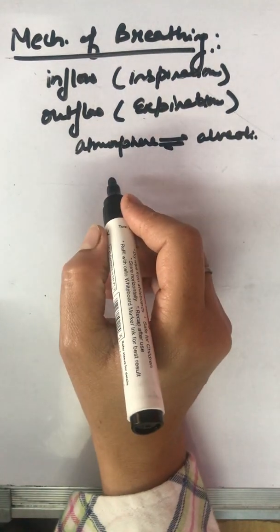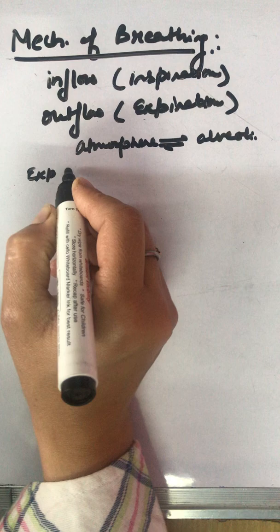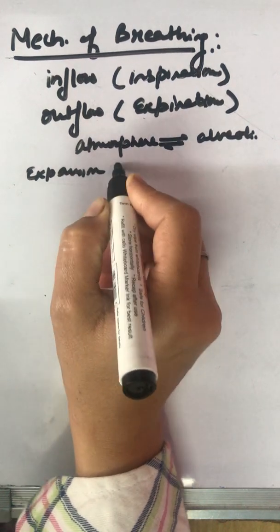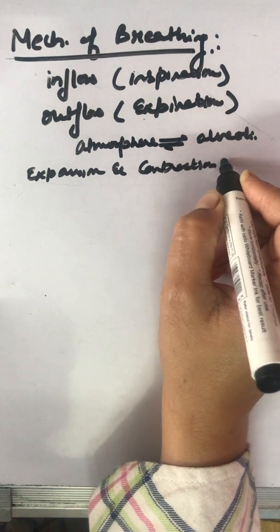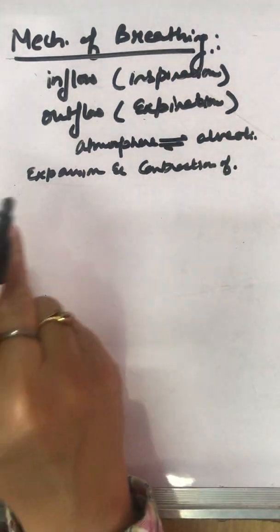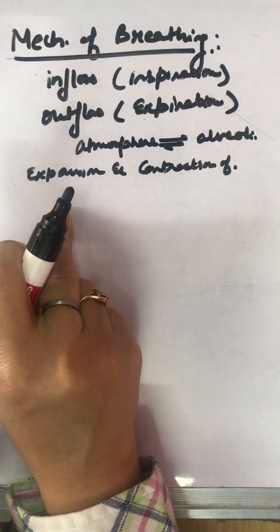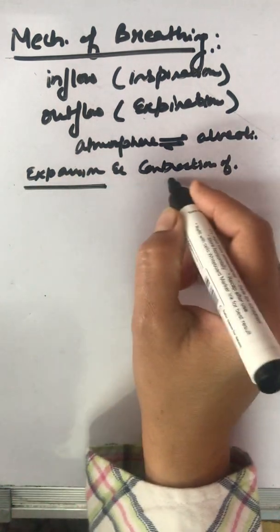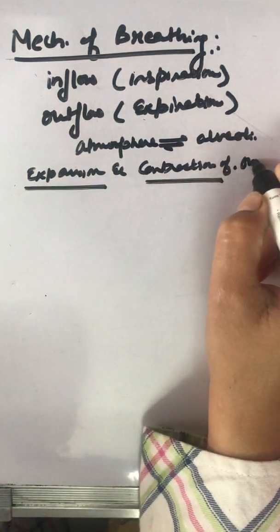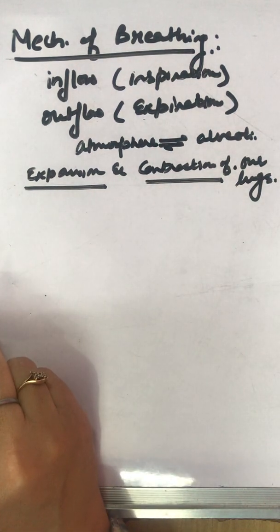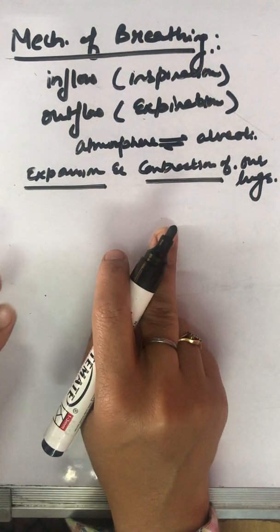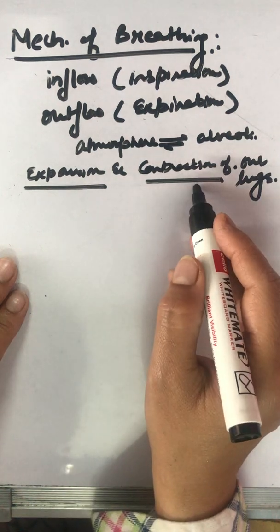See, it is affected by the expansion and contraction of our lungs. Whenever the lungs expand and contract, this process takes place. And there are two processes by which the lungs are expanded and undergo contraction.